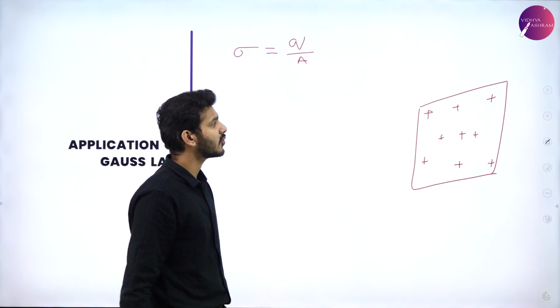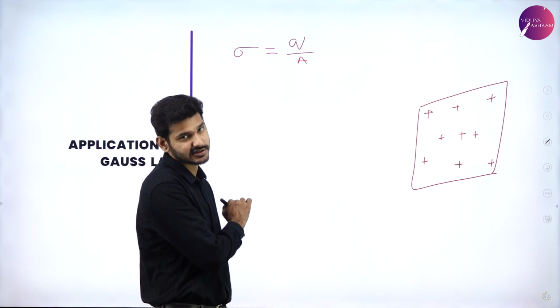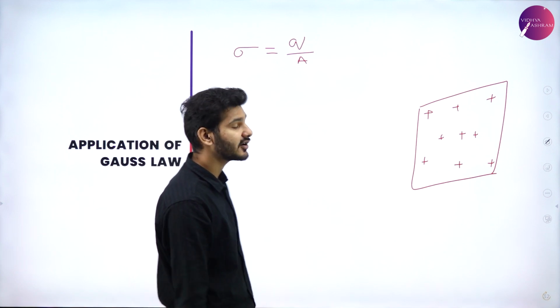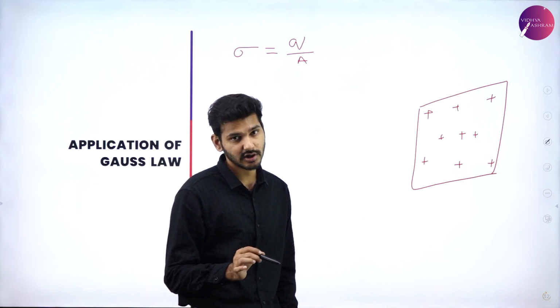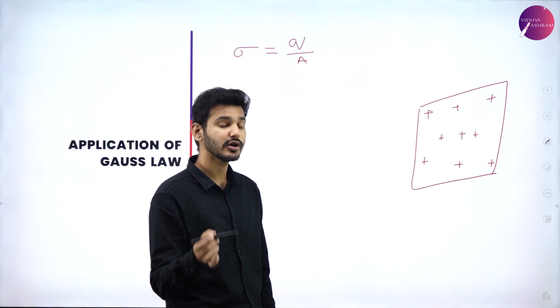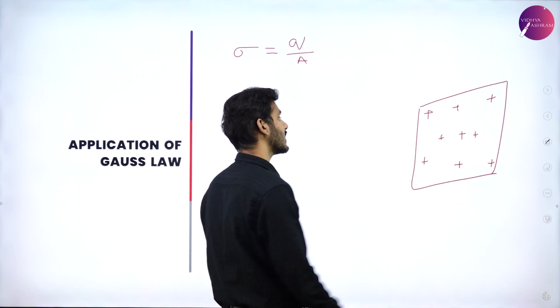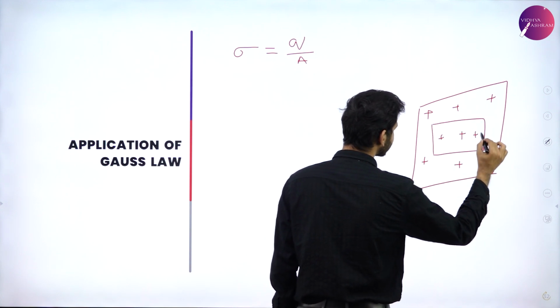But let's say what will be the electric field due to a uniformly charged plane sheet. So for that, again, in order to apply Gauss's law, symmetry arguments must be met. In order for that, we are going to consider again a particular region in this charged sheet.